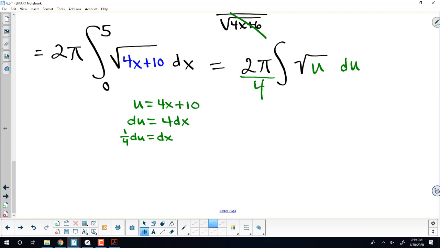And there's our 1/4 du for our dx. We still had our 2 pi and the square root of u.